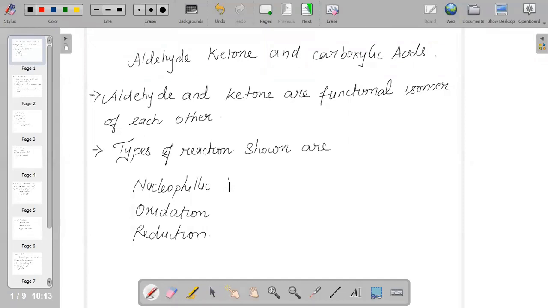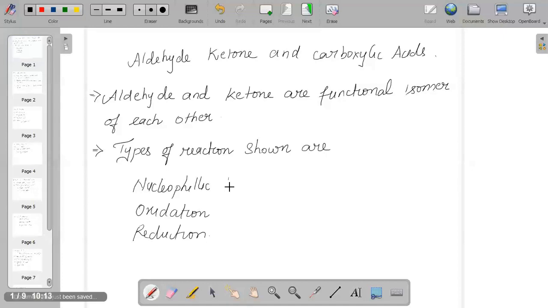So the basics are aldehyde and ketone. If we talk about their strength, if the magnitude of the positive charge is more on the carbon atom, then more readily it will show nucleophilic addition reaction.